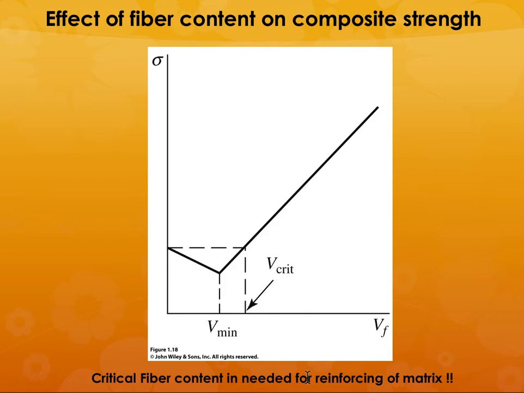In the case of polymer composites, it is approximately 60 volume percent fibers, whereas in the case of ceramic composites, it is approximately 40% fibers. So you need approximately that much in order to get the benefit of the reinforcement of the matrix.